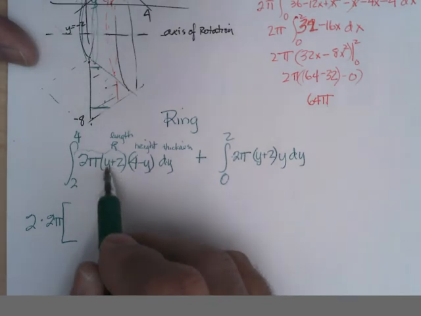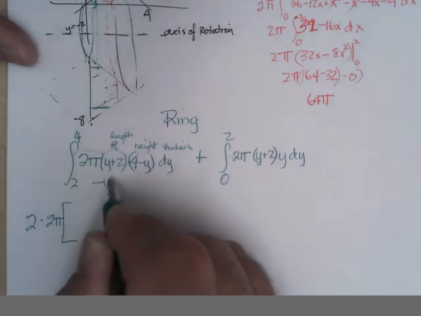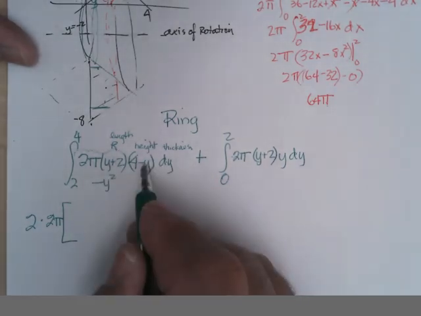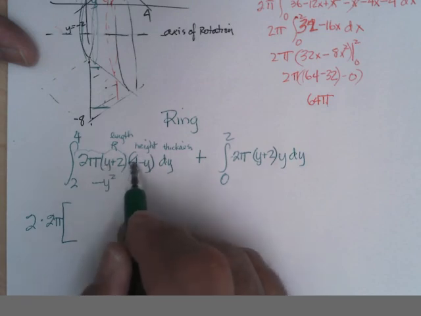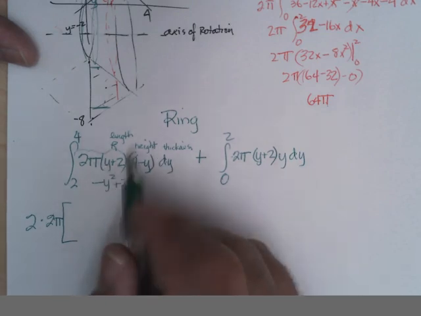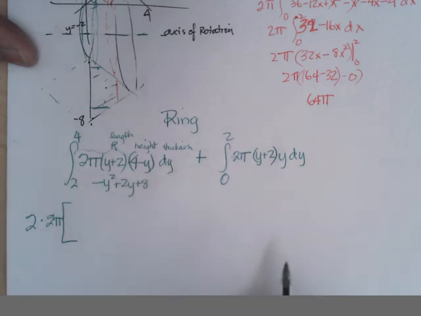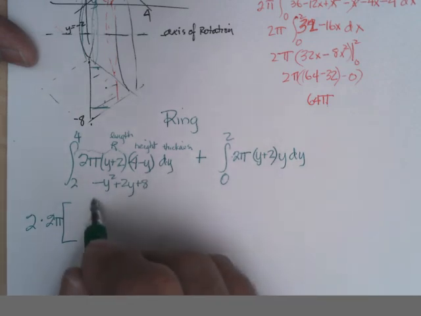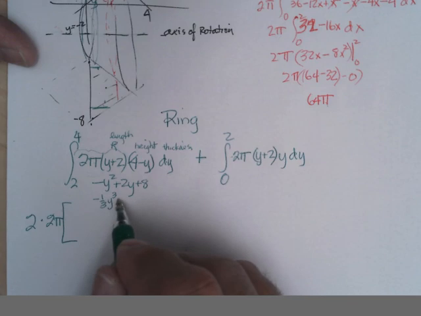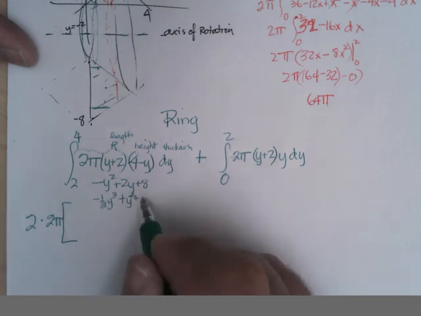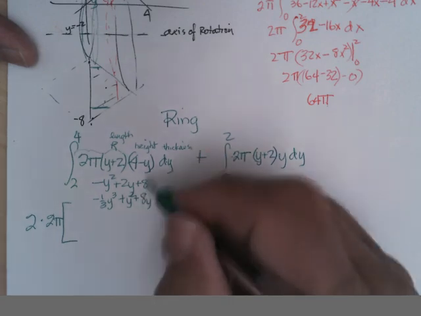Okay, so this multiplies out to be minus y squared minus 2y plus 4y, which is plus 2y, and plus 8. The antiderivative would be negative 1/3 y cubed plus y squared plus 8y.